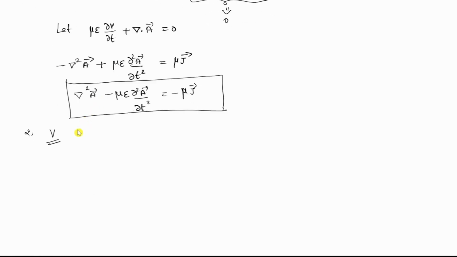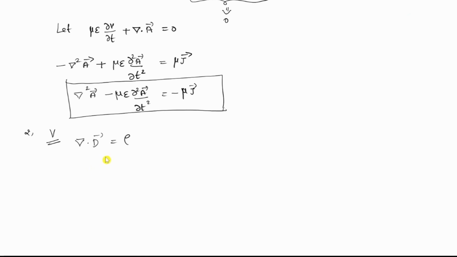In order to find the scalar potential, we need to use the third law of Maxwell's equations. The third law is called Gauss's law, that is del dot D is equal to rho. So using this equation, we are going to find the non-homogeneous wave equation.